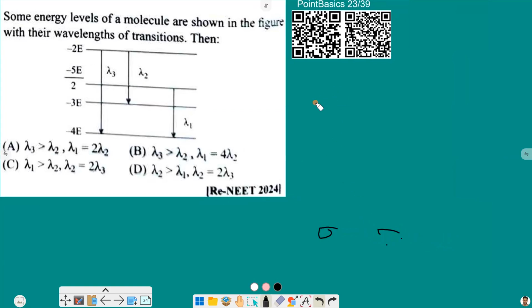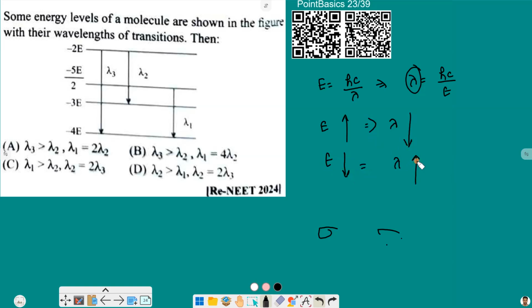So we know that energy is basically hc by lambda, and from that lambda will be hc by E. So lambda, or the wavelength emitted, will be inversely proportional to the energy change. And here we can see that when the energy change is highest, then lambda will be lowest, and when energy is the lowest, then lambda will be highest.